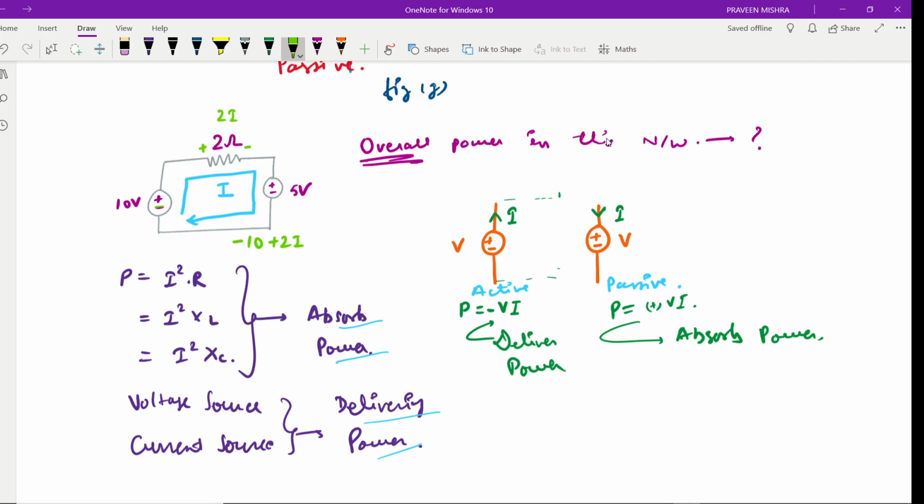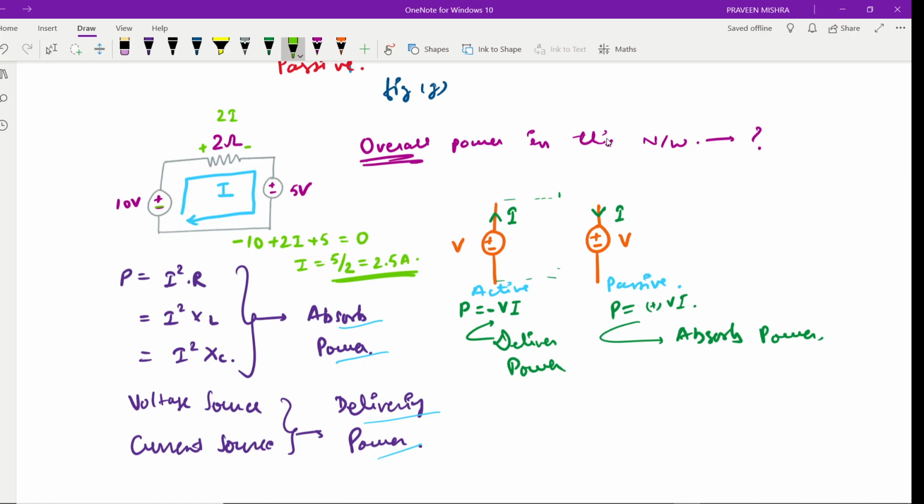And again here first we are seeing the positive terminal, that's why it will be plus 5 volt equal to 0. Minus 10 plus 5 minus 5, so I will be 5 by 2, which means 2.5 ampere. It is positive, which means whatever current direction we have considered is true. If it was negative, we would have to change the current flow direction.